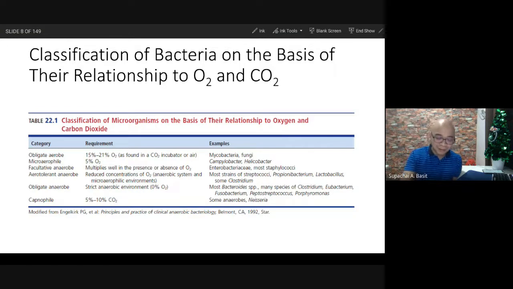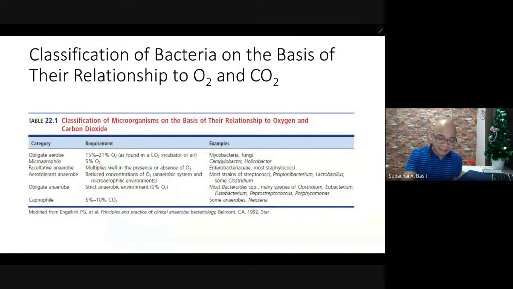For example, mycobacteria are classified as obligate aerobic. Campylobacter is classified as microaerophilic. Enterobacteriaceae, such as E. coli, are classified as facultative anaerobes. Aerotolerant anaerobes are mostly strains of Streptococci and Propionibacterium, which we will discuss later on.